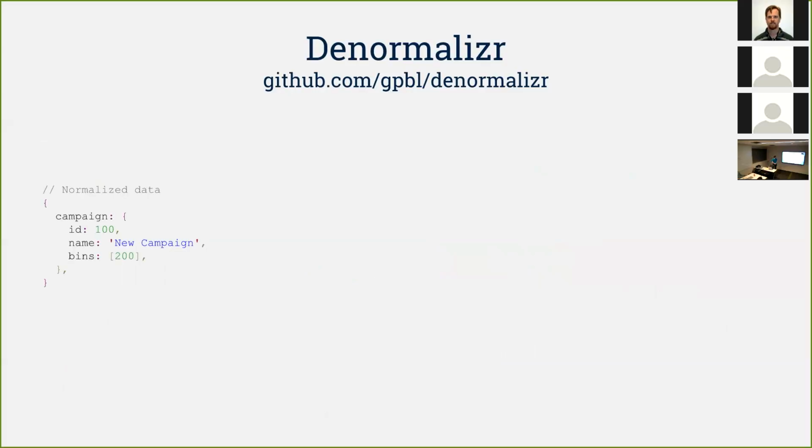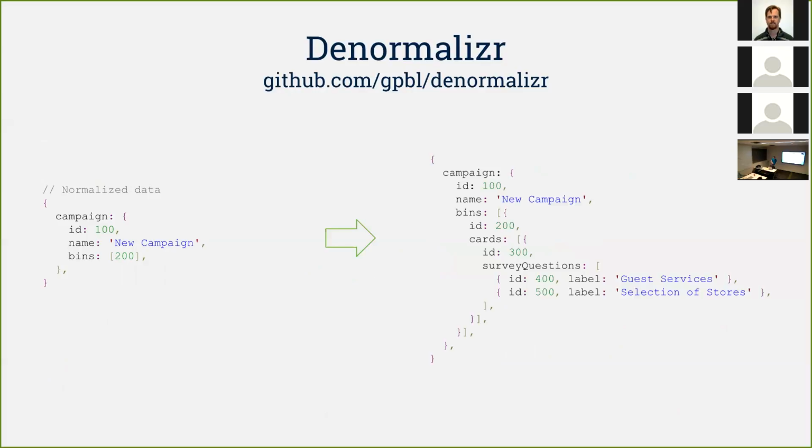So if we have the normalized data for a campaign, which is just the campaign object with an array of bin IDs, not the actual data for the bins, Denormalizr will take that normalized data and repopulate it with all the data that was taken out when we normalized it. And again, that's just one function call.